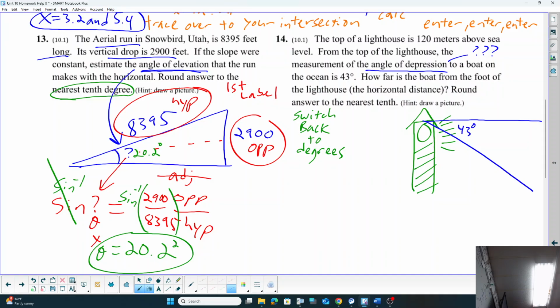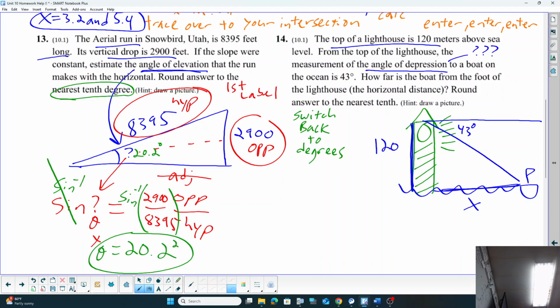And then here's our boat now, right here, to the sea level there. Cool. So how far is the boat from the foot of the lighthouse? That's the horizontal distance right here. So that's what they want you to find. They tell us the top of the lighthouse is 120 meters above sea level.